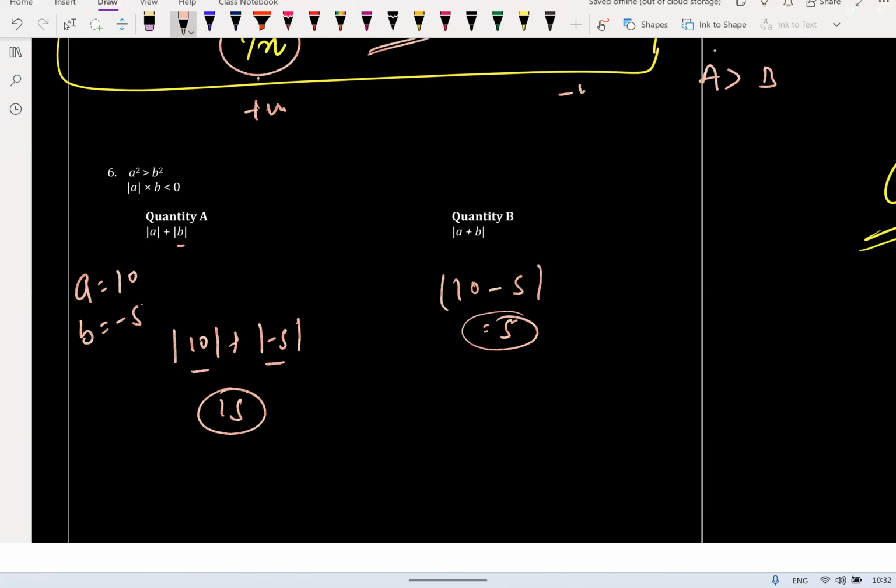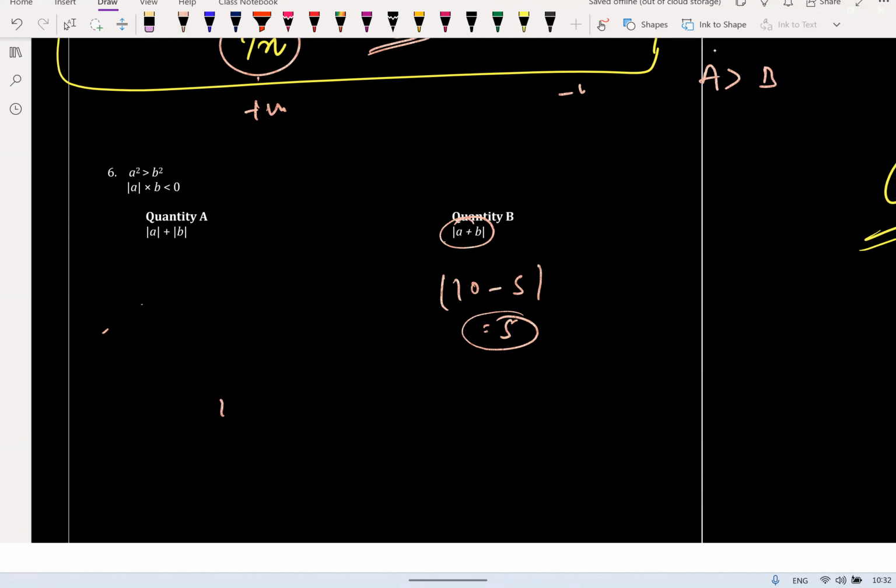So mod A plus mod B and mod of A plus B are two different things. Left hand side gives you 15, right hand side gives you 5. So you should not be confused about this. These two are very different terms.